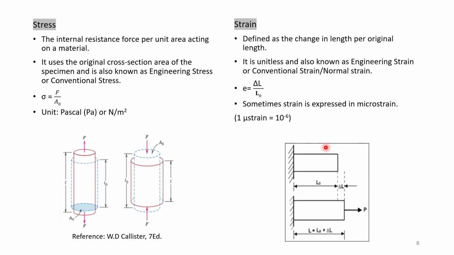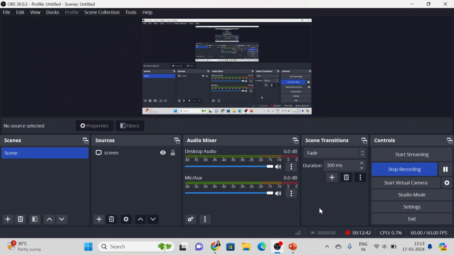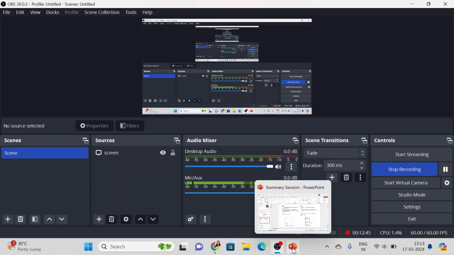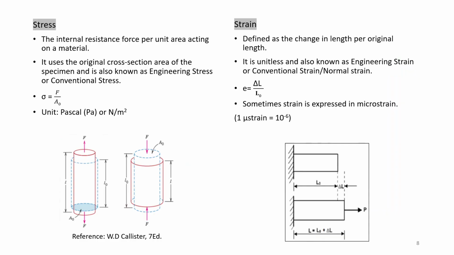Now for the mechanical properties, first and foremost is stress and strain. These are the parameters. Stress can be defined as the internal resistance, force per unit area acting on a material. It uses the original cross section area of the specimen and is also known as engineering stress or conventional stress.